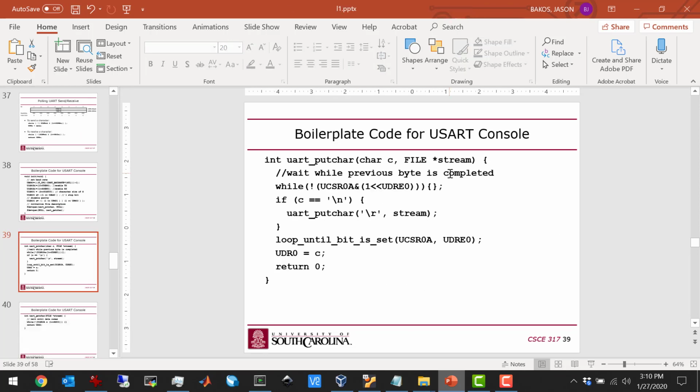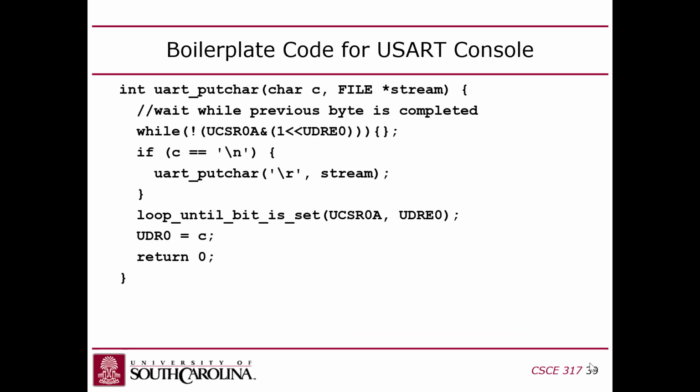So if you look at the definitions of UART putchar and getchar, these functions take a character and a file stream. So this is consistent with the prototype in the man page.